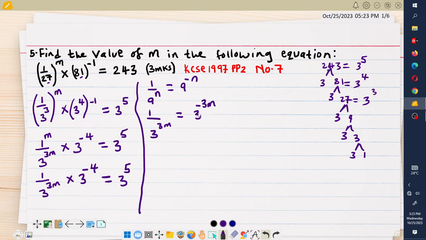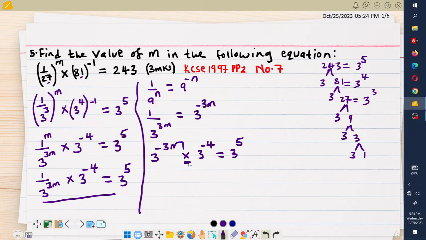You simply negate the power. So this equation will become 3 to the power of negative 3m. Then I continue with the equation multiplied by 3 to the power of negative 4. Then this is equal to 3 to the power of 5.